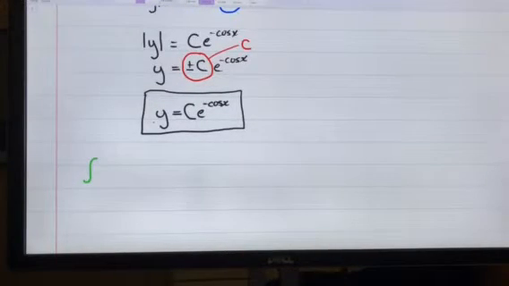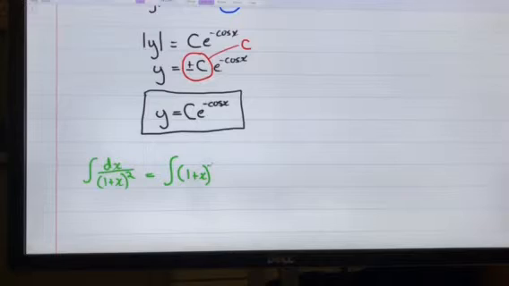Let's say I have something like the integral of dx all over the square of 1 plus x. So we're going to have 1 plus x to the negative 2 dx.